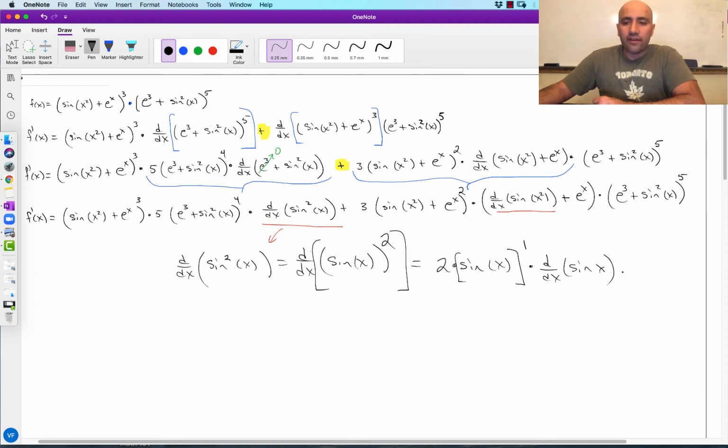So my final answer for this is 2 sine of x cosine of x. And if we remember our identities, that's equal to sine 2x. But let's leave it alone.